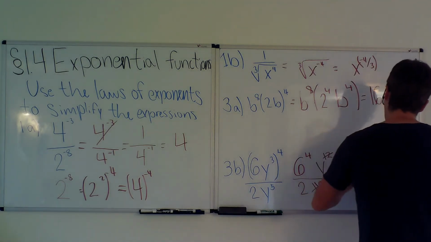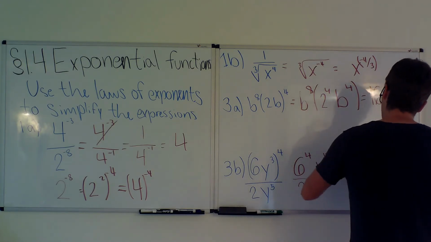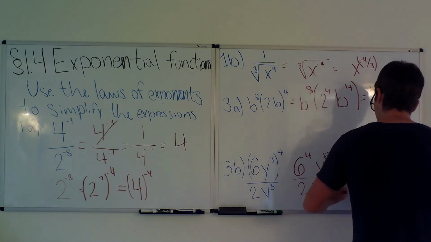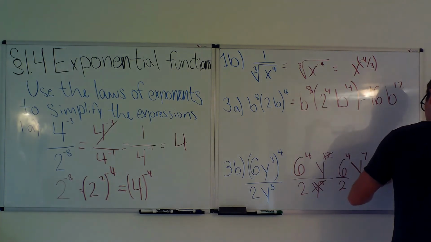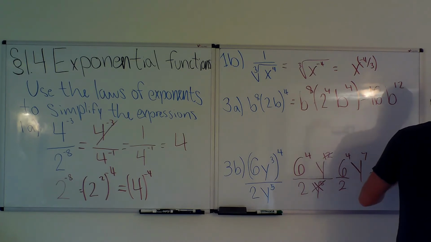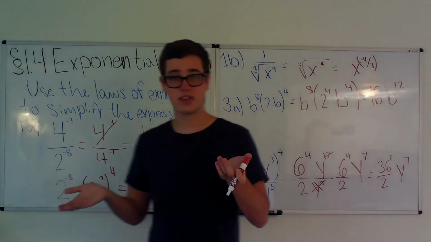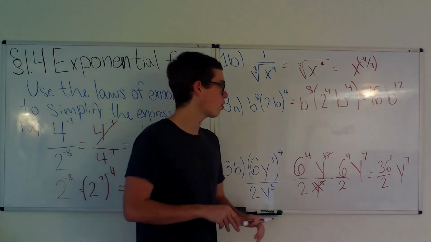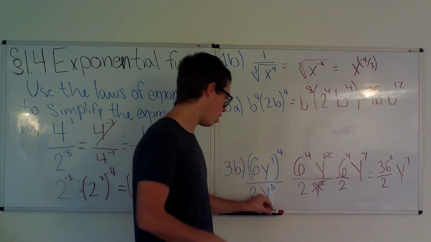That's equal to y to the negative 7 times 6 to the 4th over 2, which is equal to 36 squared over 2y to the 7th. I don't know that off the top of my head, I'm sorry. But that's as good a form as any.